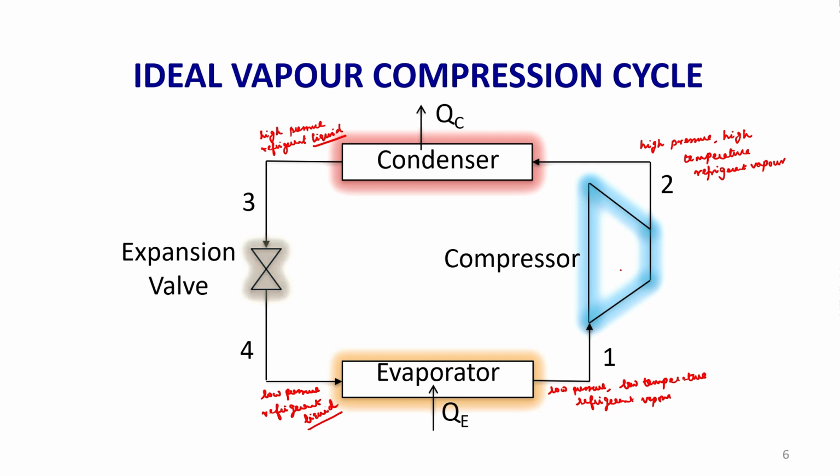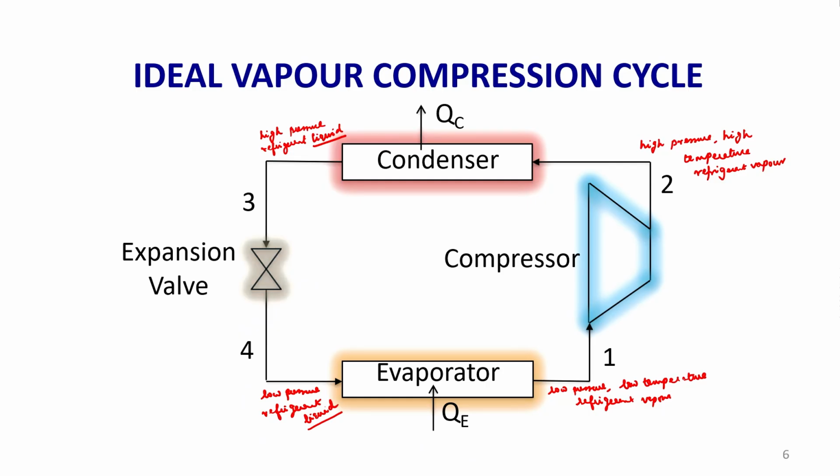Of course, when the cooling capacity changes, the compressor specification also will change. Now, on the right side we are increasing the pressure, on the left side we are decreasing the pressure. So, why do we have to increase and why do we have to decrease? If we do not increase the pressure by using a compressor, if we do not raise the pressure from evaporator pressure to condenser pressure, then condensation will not take place.